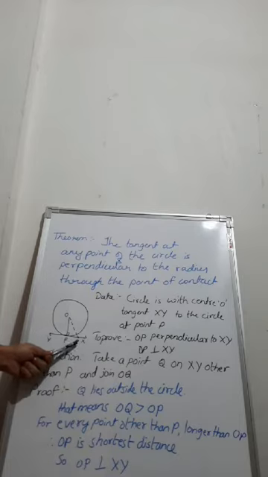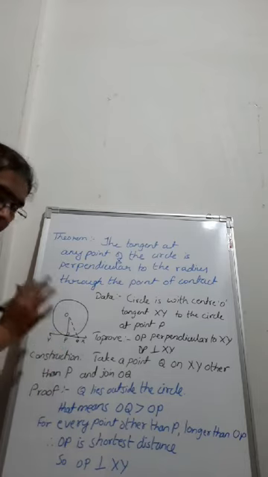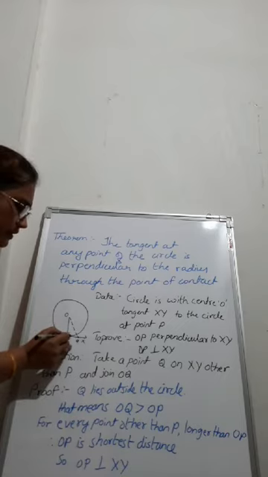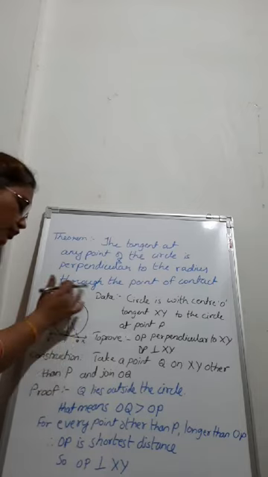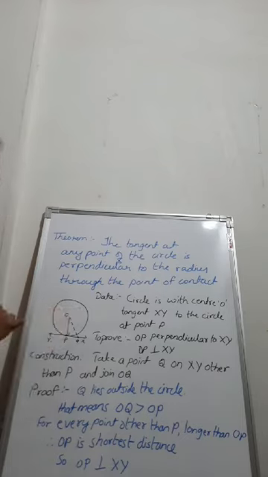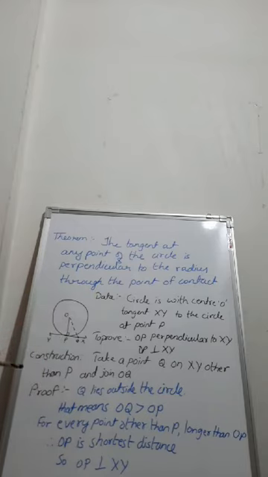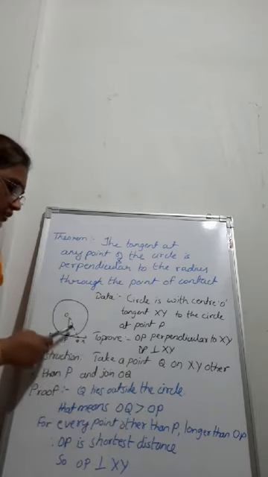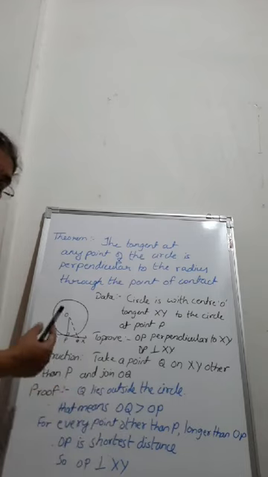And this Q lies outside the circle because at this point only XY passes through the P. If we take a point just neighbor to the P, the line will go out of the circle. So when the line goes out of the circle, it will be longer than the OP. That's why I have written Q lies outside the circle. Therefore OQ is longer than OP.